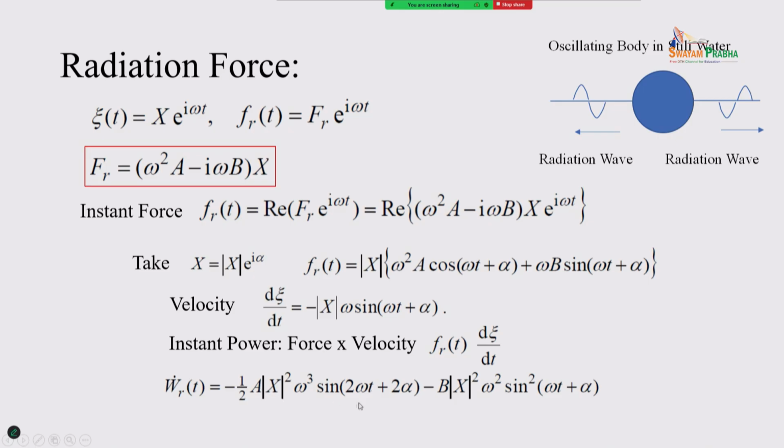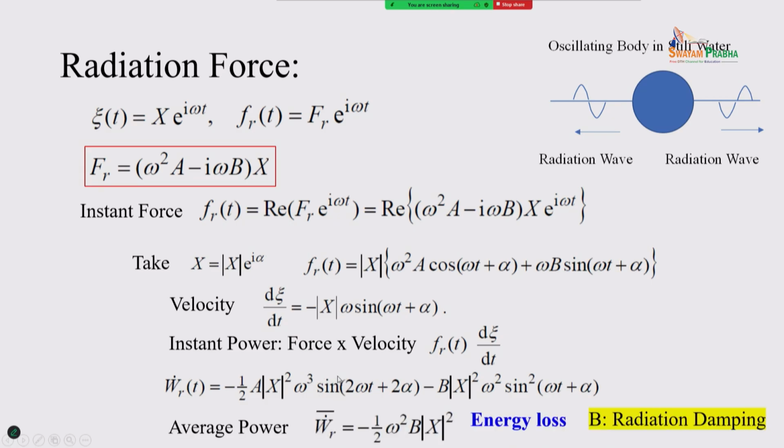This relationship gives a term sine of (2ωt plus 2 alpha), and this is sine squared. So that is the instant power. In one period, what happens?